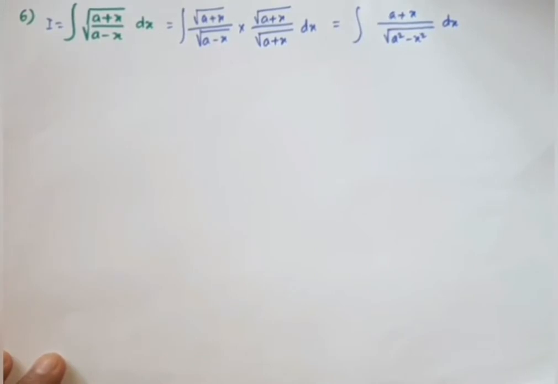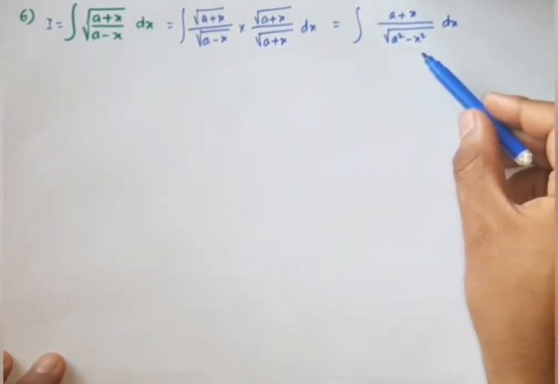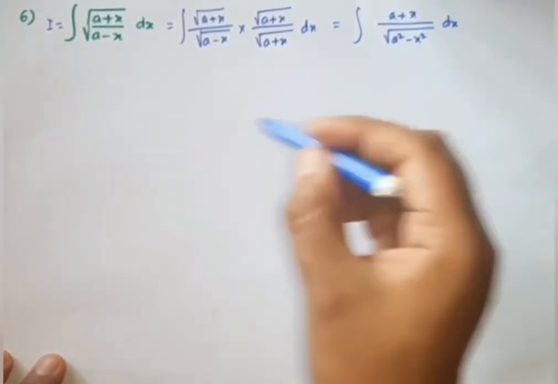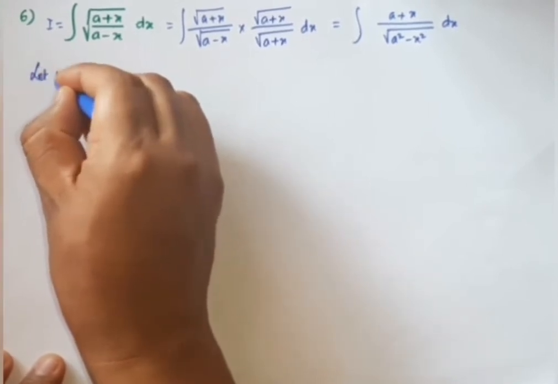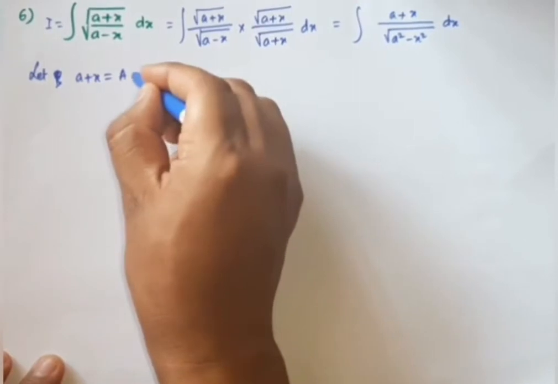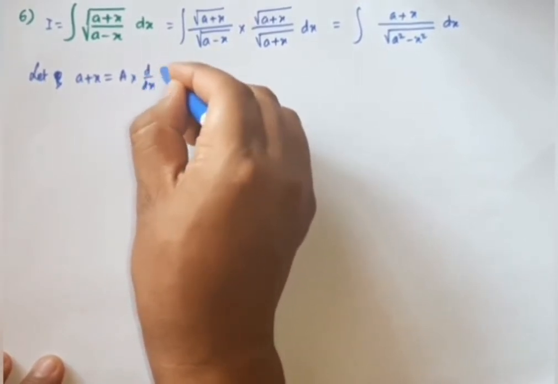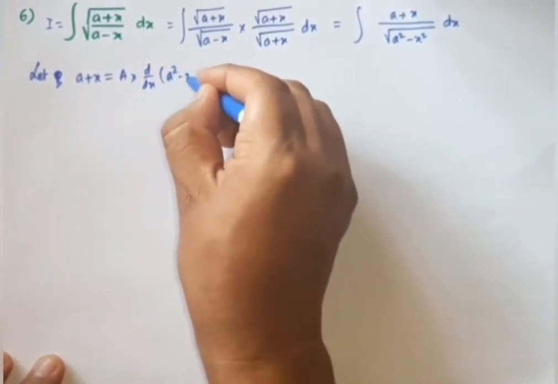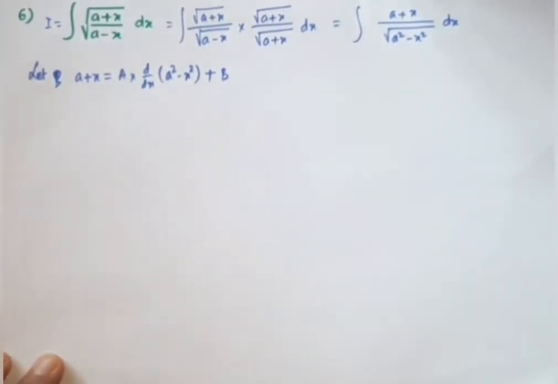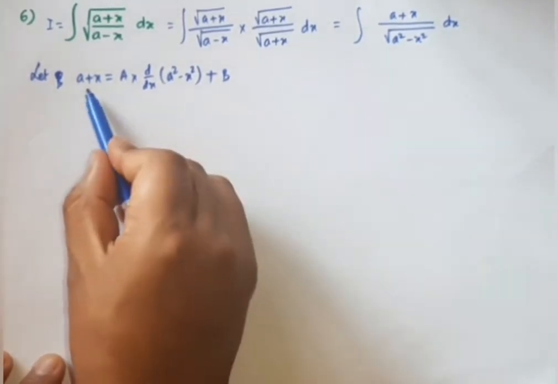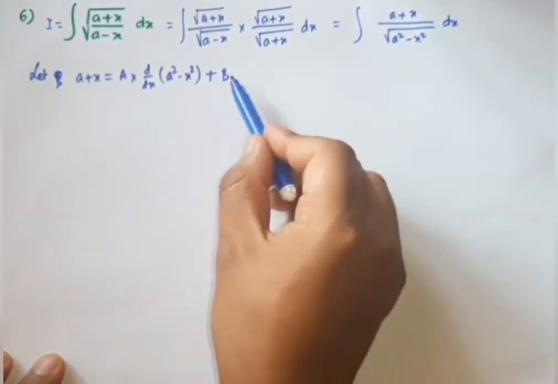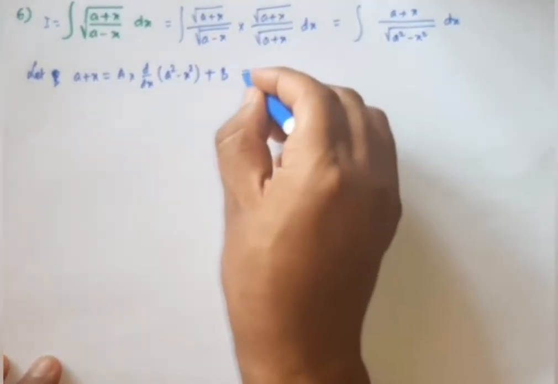Okay, now according to the rule, this falls under your type B, right? And type B says that px plus q, that is the numerator, has to be taken as capital A times the derivative of the quadratic expression plus b. So a plus x will be equal to A into the derivative of this quadratic expression plus b. Let us simplify this.